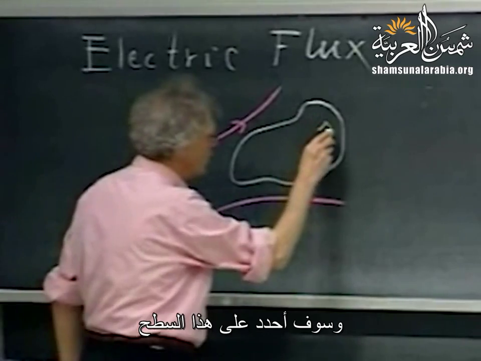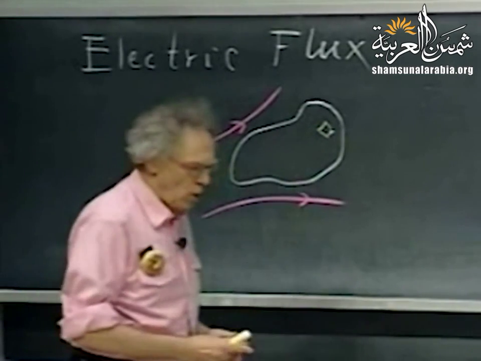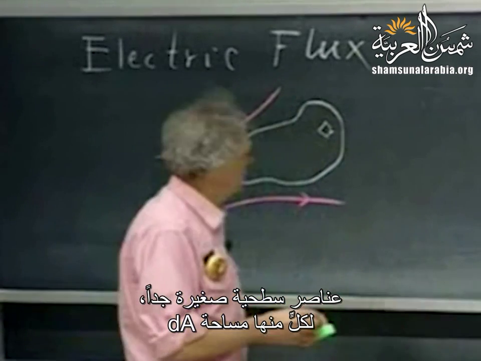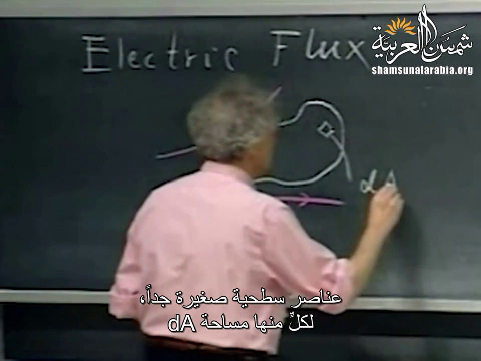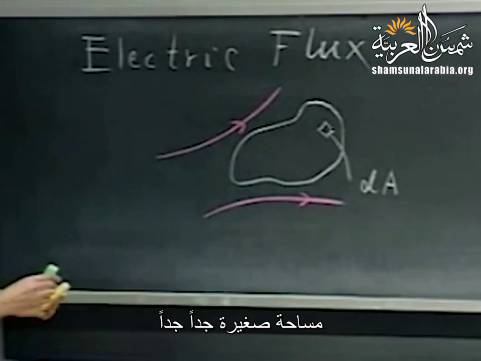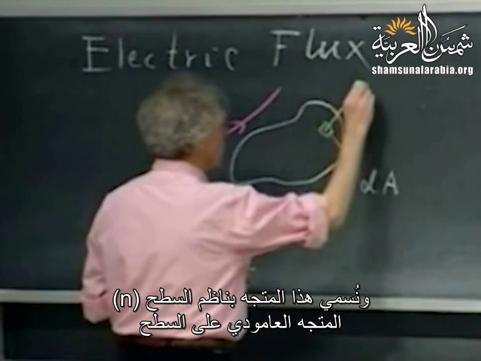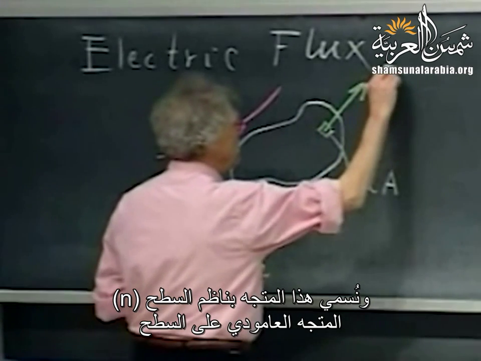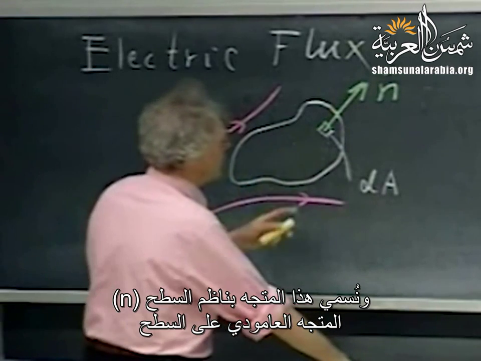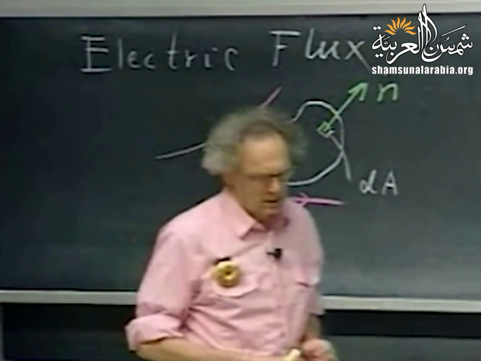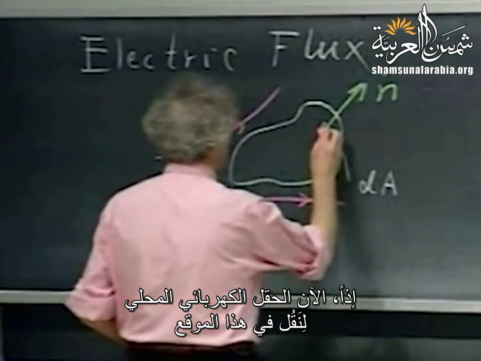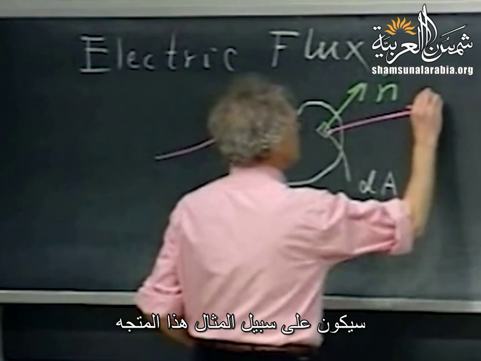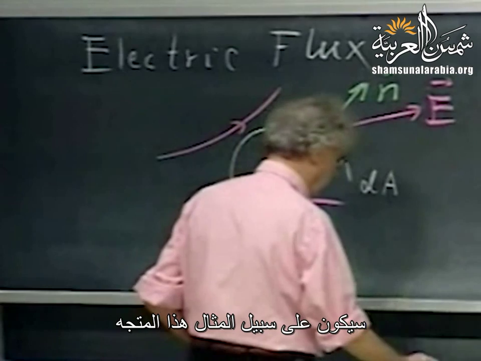And I carve this surface up in very small surface elements, each with size dA, that's the area, teeny weeny little area, and let this be the normal n roof, the normal on that surface. So now the local electric field, say at that location, would be, for instance, this. That's a vector.